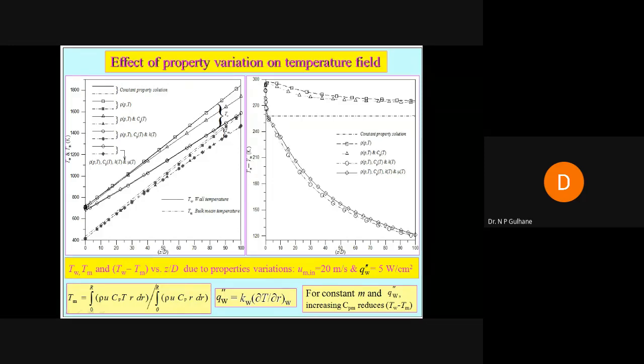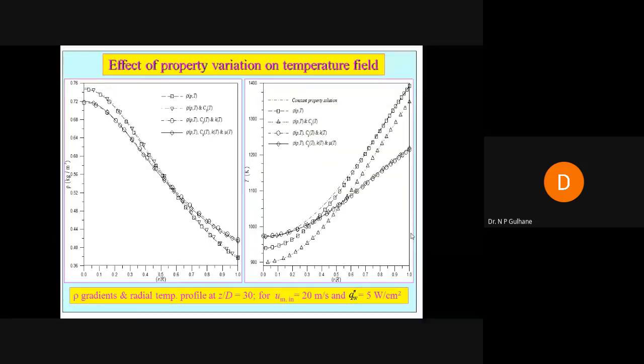You can see Tw minus Tm goes on decreasing, which means the Nusselt number increases. It is more in the case of rho, Cp and K, and all property variation, compared to rho, Cp and rho, T. So compared to these two, these three have more inclination toward an increase in Nusselt number. So Tw minus Tm goes on reducing, and it means that it promotes the convection. So this is the effect of property variation on the temperature field.